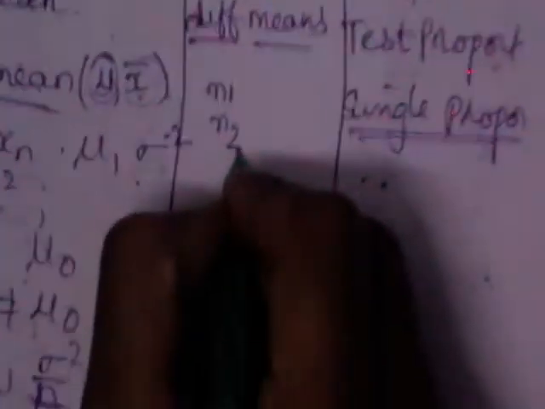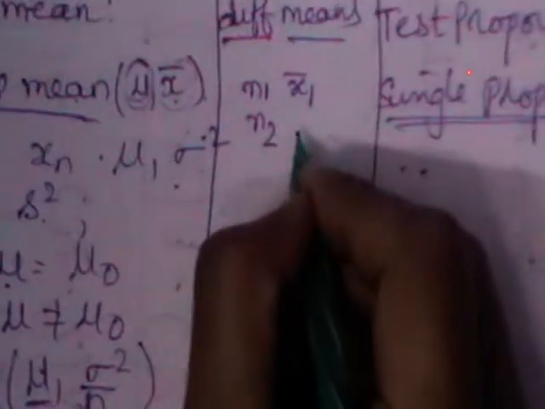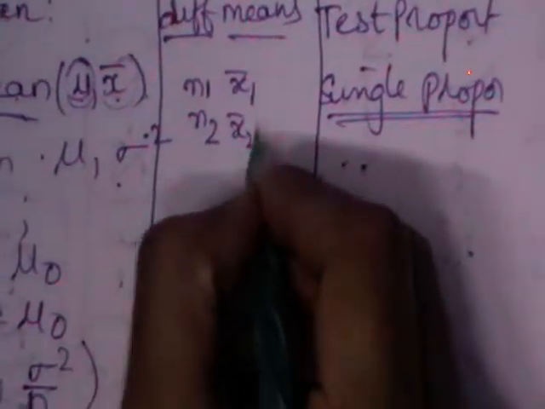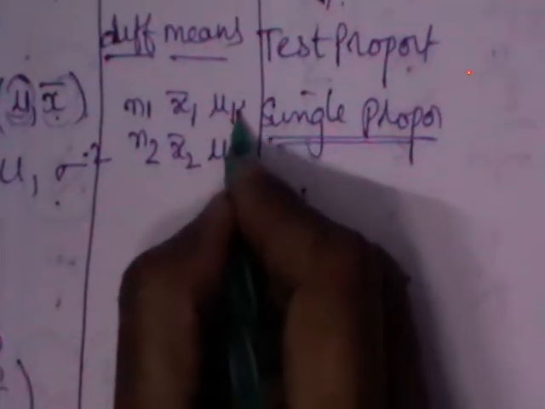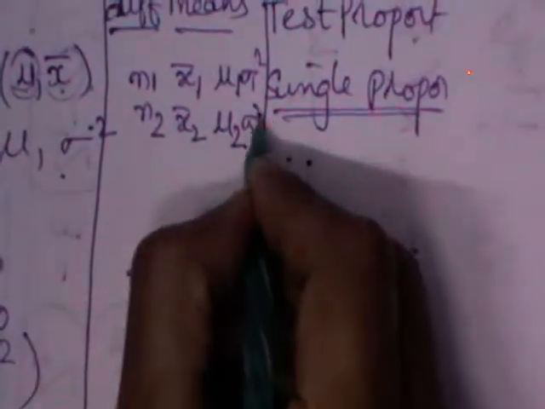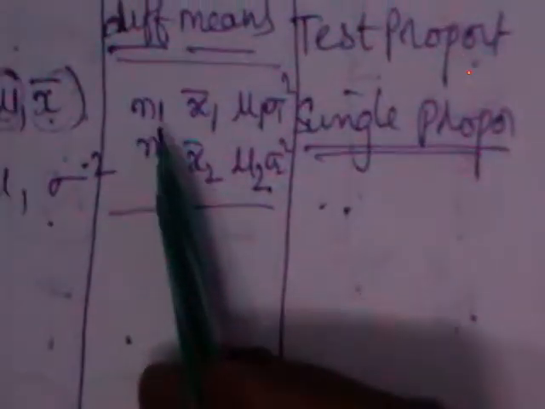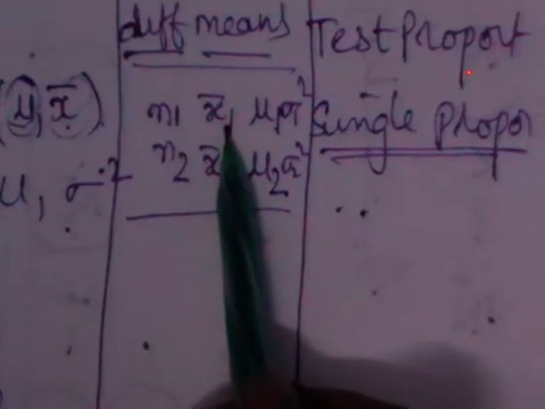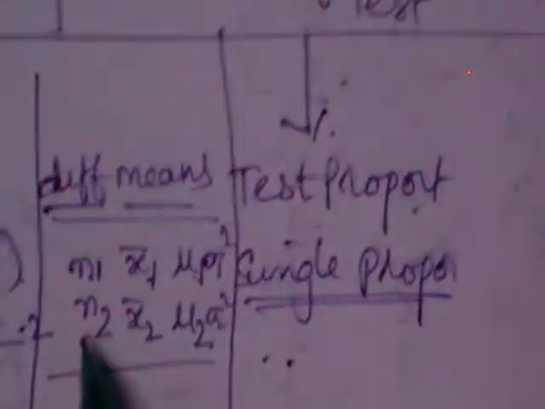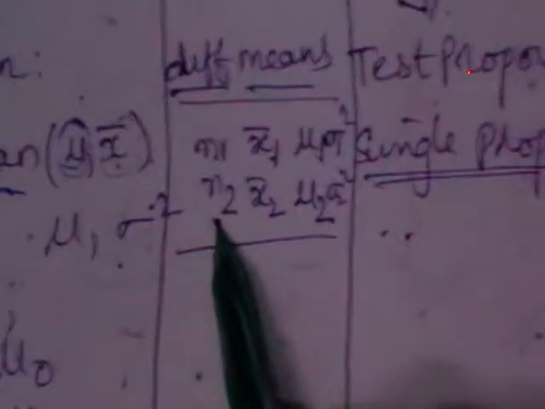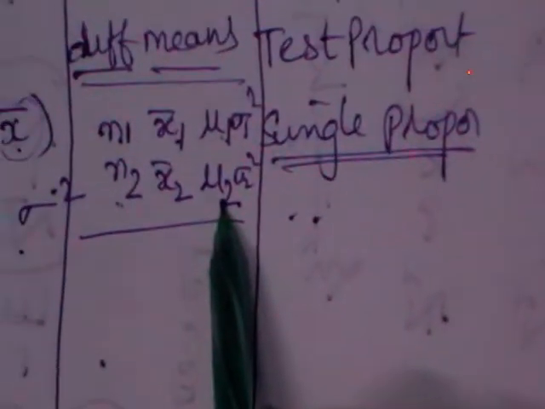Let n1 be the first sample size, n2 be the second sample size, x1 bar be the first sample mean, x2 bar the second sample mean, mu1 and mu2 the first and second population means, sigma 1 square and sigma 2 square the population variances. Let n1 be the first sample size, its mean be x1 bar, mu1 be the first population mean, sigma 1 square be the population variance of the first sample, n2 be the second sample size, x2 bar be the sample mean of the second sample, mu2 its population mean.